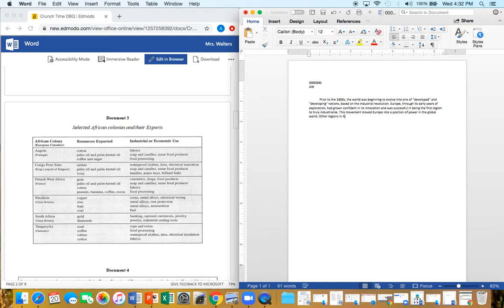Other regions in Afro-Eurasia and the Americas were either continuing to develop industry at a slower rate, or they were content with their classical methods of governance and economy.